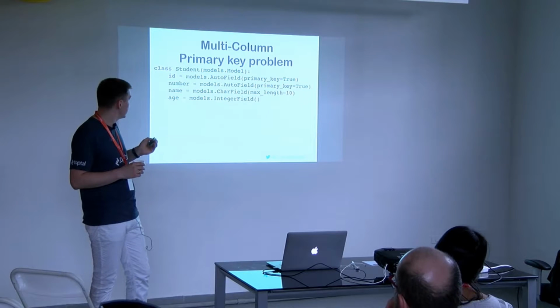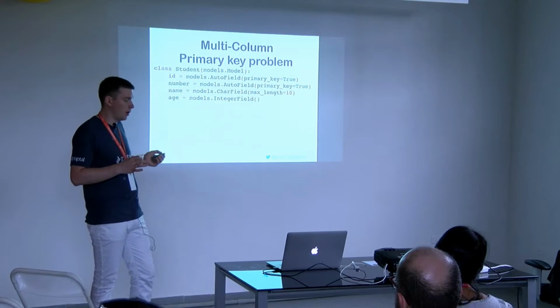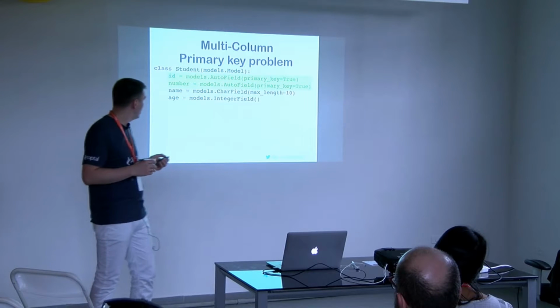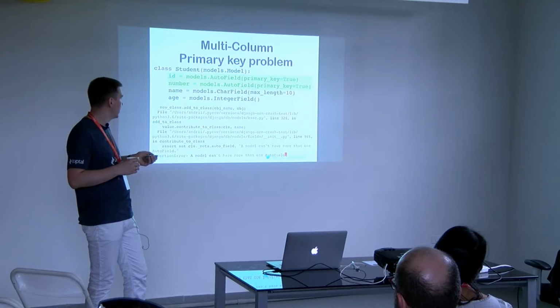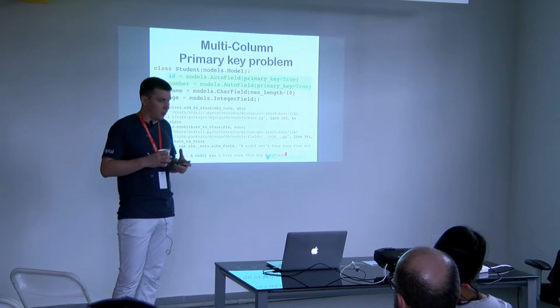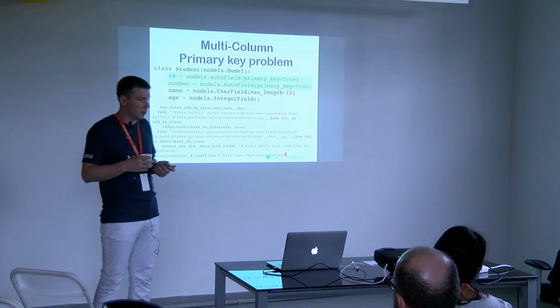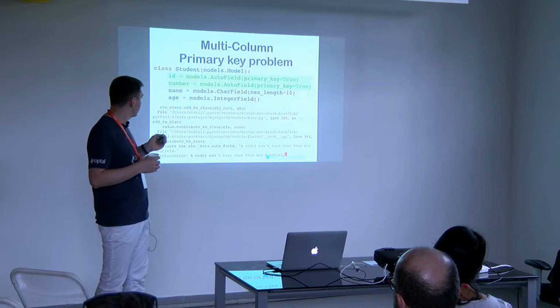If you create two fields with primary_key=True, the multi-column primary key problem, you will get an exception. Like you can't assign it, but sometimes if we think about multi-column primary keys or composite keys, it makes sense, but not for Django.